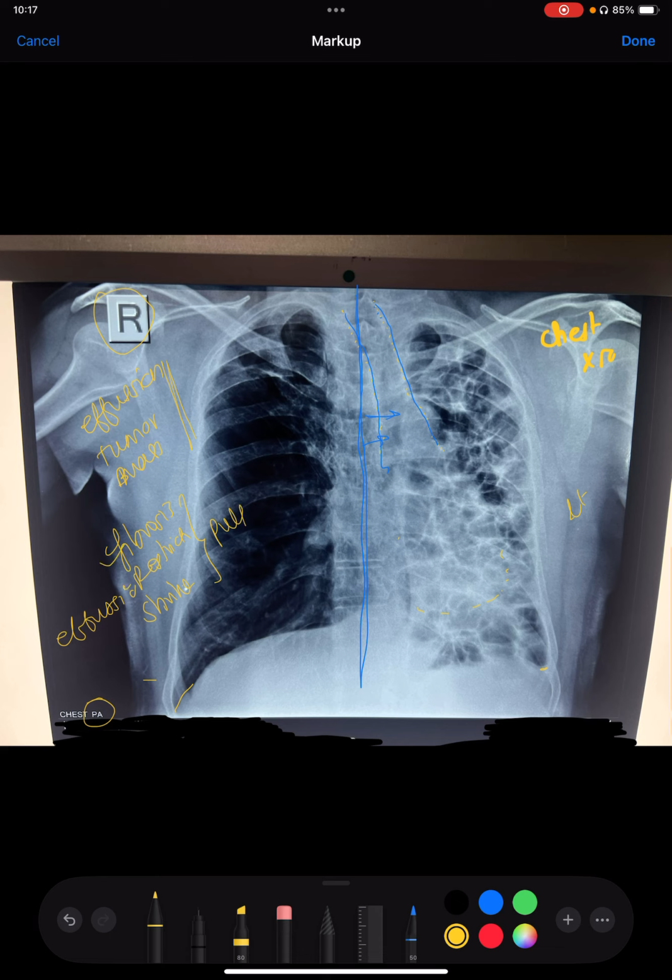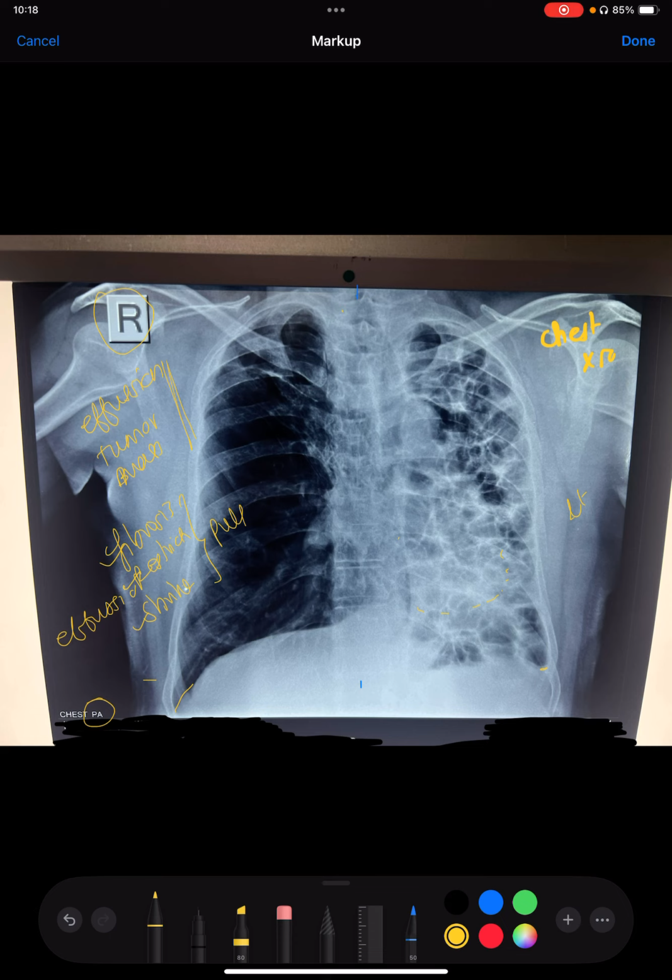So fibrosis, restrictive lung diseases, or anything that shrinks the lungs will simply pull the trachea towards that particular side. So obviously the trachea is completely shifted toward the left side. It means that there is either significant restriction toward the left side of the lung or fibrosis of the lung field.